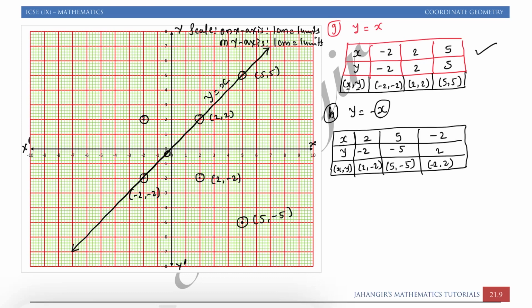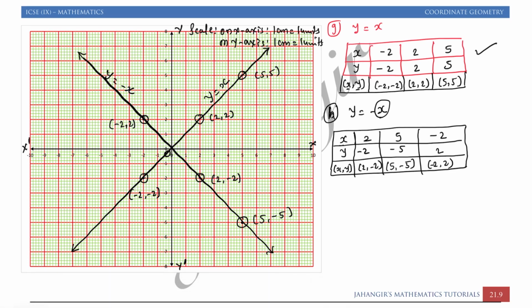If points do not lie on a straight line, that means the coordinates you found are incorrect. Mark an arrow, it should be a straight line. So here I can write this equation, y is equal to minus x line.